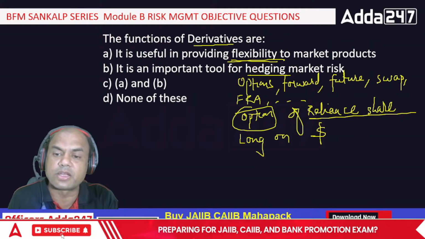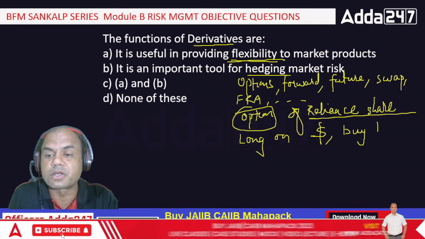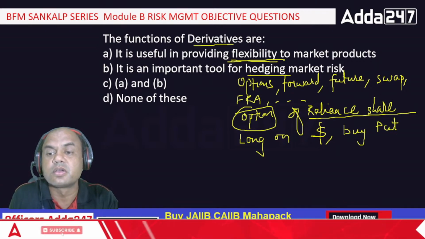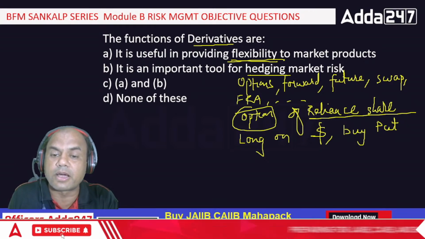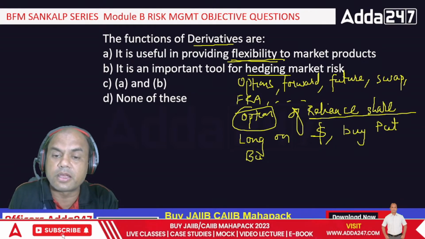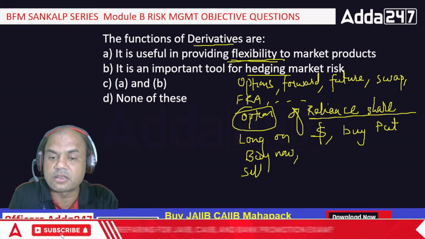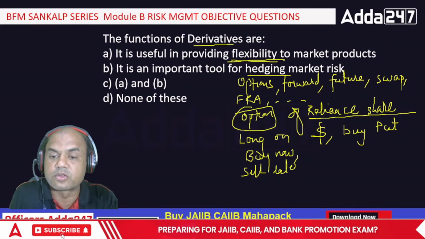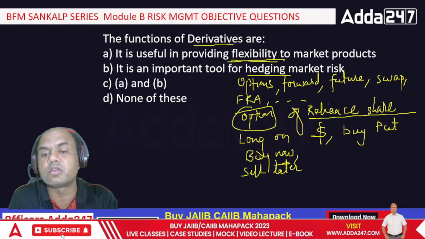Whenever you are long on a commodity, you'll always buy a put option to hedge the risk. Here in the commodity you are long. Long means buy now and sell later. That is known as long on commodity.